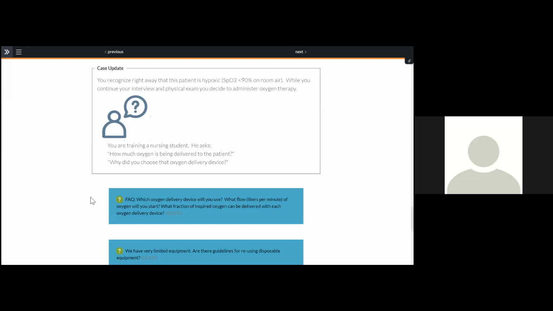Rather, I will slow down from the device that I was giving to a lower one until I wean him off oxygen. I might not stop it suddenly, but I will go down the ladder by dropping from one device to the lowest one being used, until I take him off oxygen.